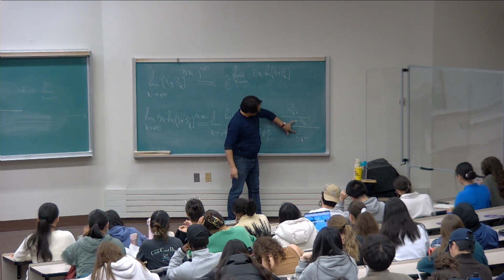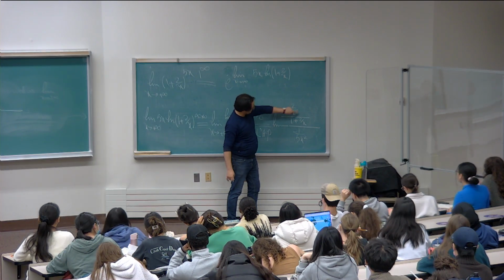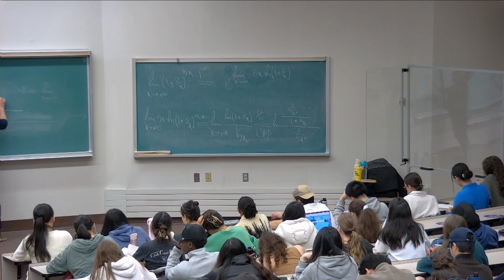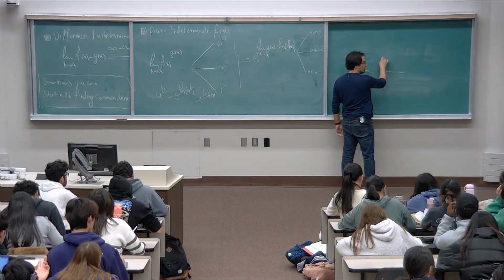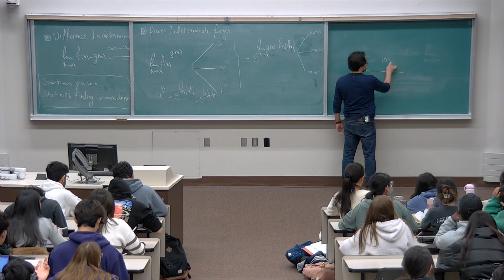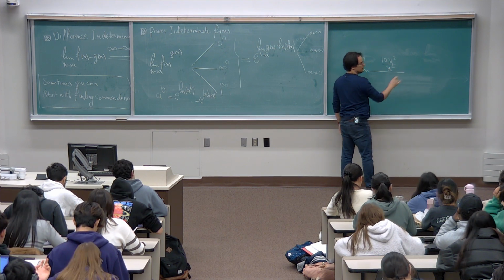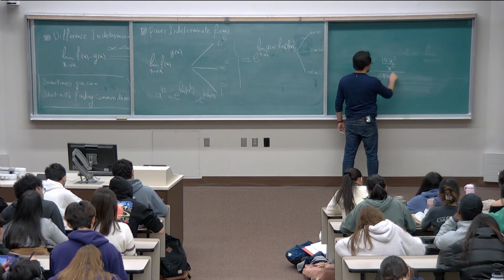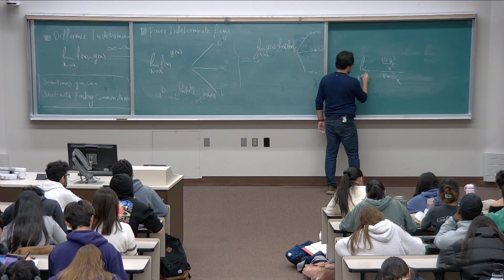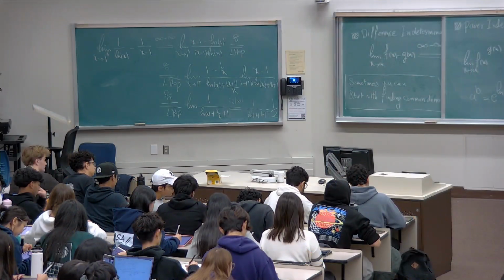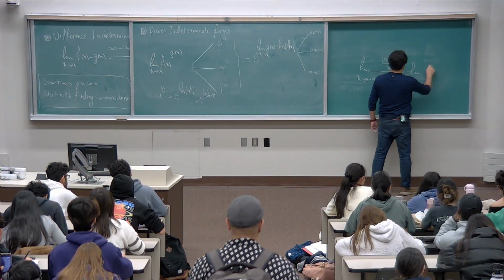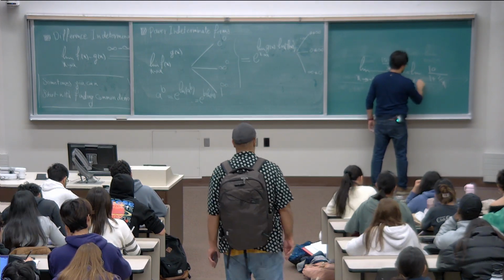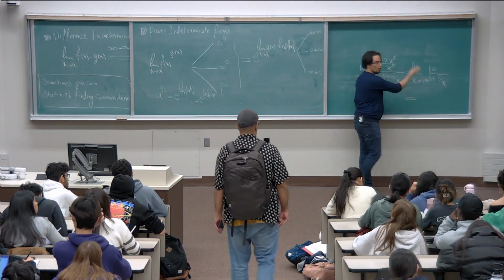So this and that multiplied, and this and that multiplied. I will get 10 over x squared times x squared in the numerator, and in the denominator 1 plus 2 over x, as x goes to plus infinity. These two cancel, and this is the limit of 10 over 1 plus 2 over x as x goes to plus infinity. This is just the quotient law.